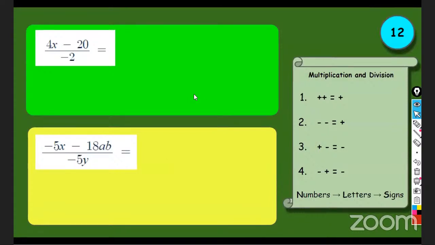All right. So here we have some division questions. Just now we did some multiplication with fractions. I want everyone to take down the green question, right?